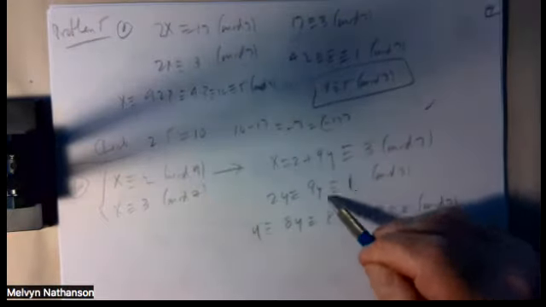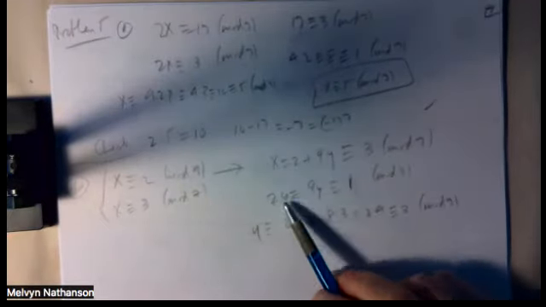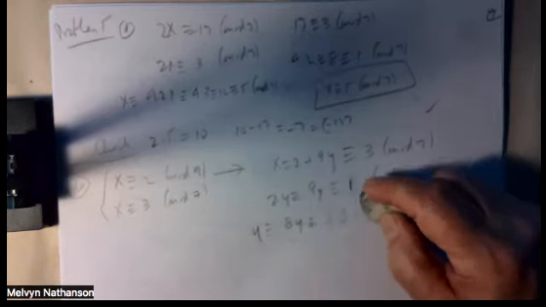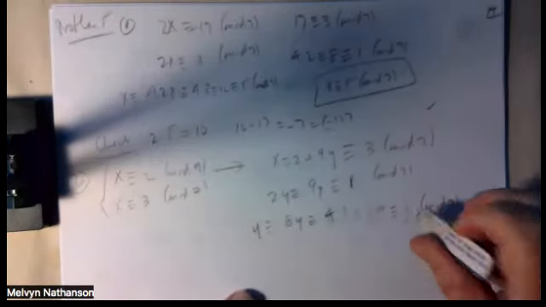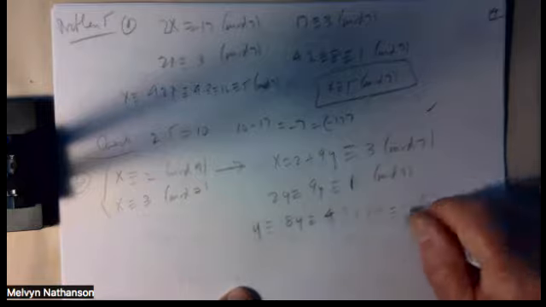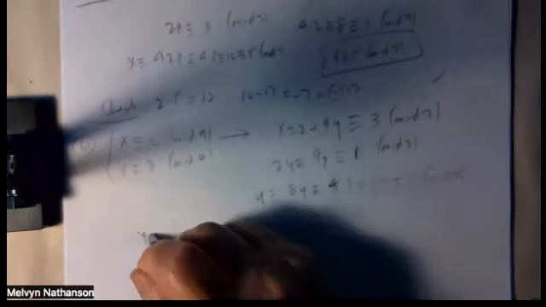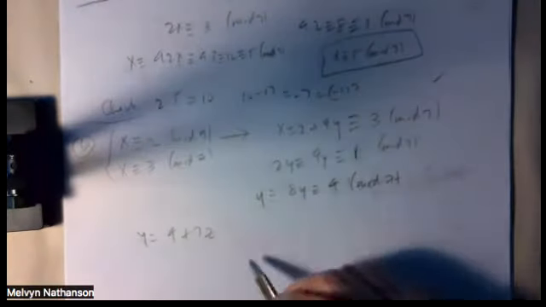Right. 2 plus 9y congruent to 3 is the same as 9y congruent to 1, and 9 is the same as 2. So if I multiply by 4, I get 8y, which is the same as 1y mod 7, is congruent to 4. Multiply by 4 mod 7. Which means y is an integer of the form 4 plus 7z.